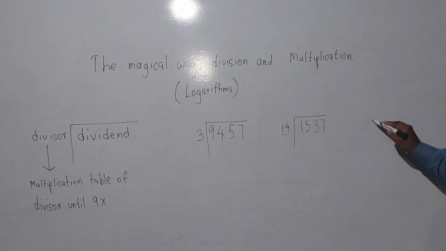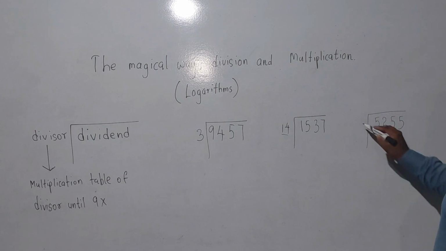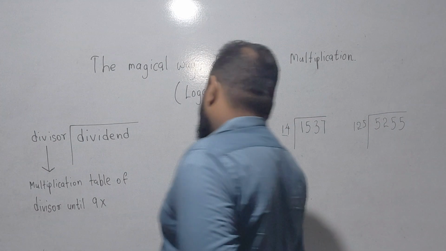For another example, think you need to divide 5255 by 125. You need to know the 125 table until 125 times 9 to divide easily. Okay, I will show you.